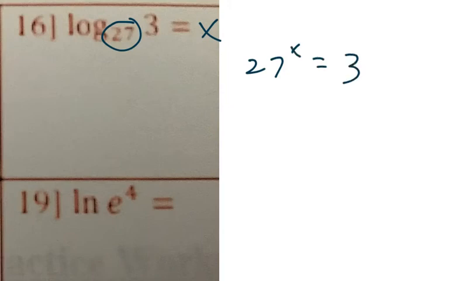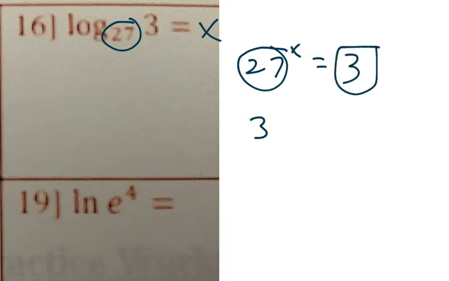All right, this one is a base 27. 27 to some x power is supposed to be 3, right? Wow, how are we going to do this one? Well, there's a neat trick I want to share with you. See the 27, guys? Think hard with me. Isn't 27 a 3 power? Why am I thinking of 3 powers?